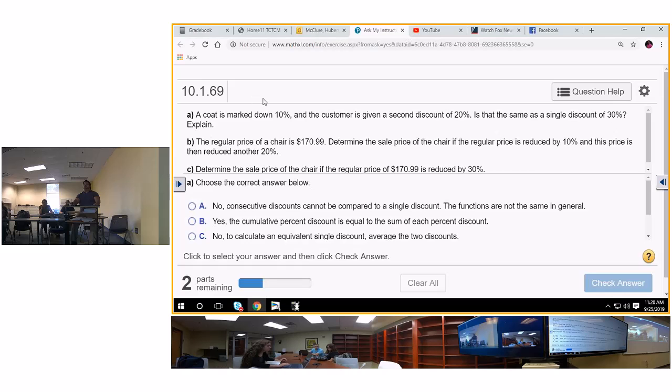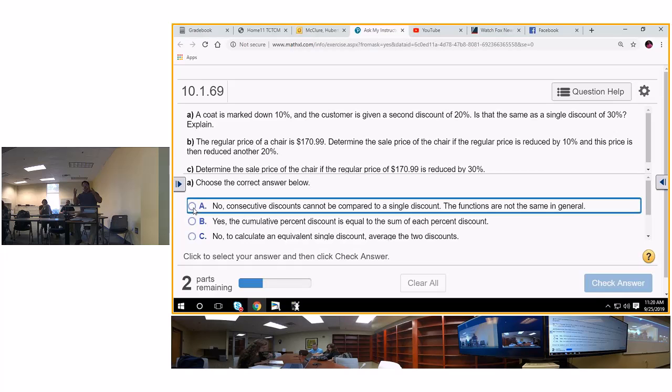No, it is not. I'm going to tell you how to do it. It is not, because when you mark down 10%, that's a different number, and you take the additional 20% off of that, so you have to do it at each step.